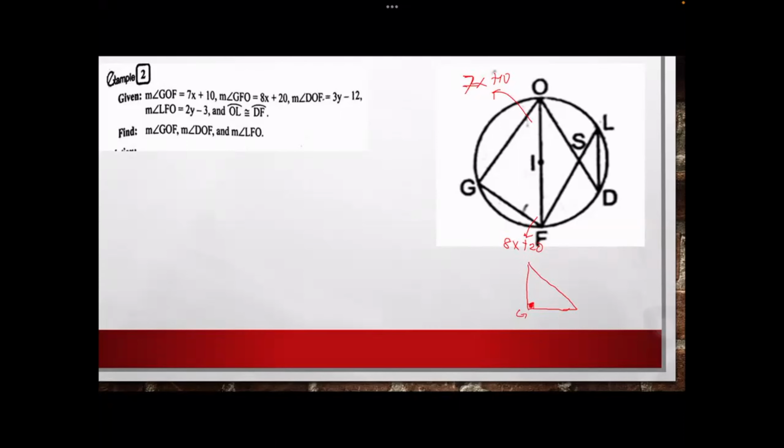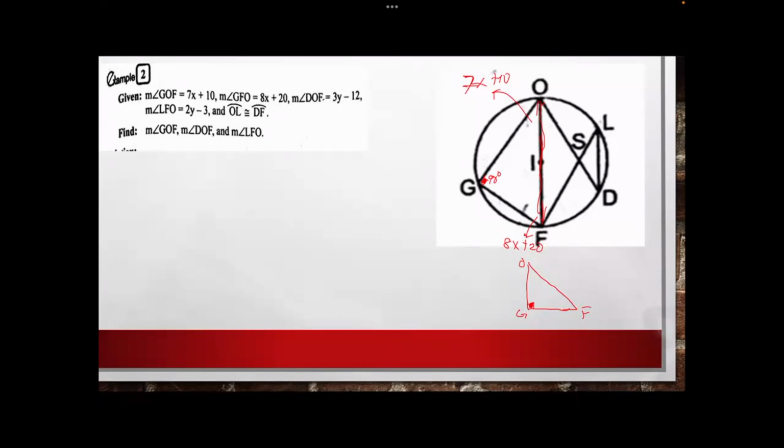Then this is the letter O, and this is the letter F. Let us look at our triangle. Now, this part, starting from here to here, this is a diameter. So, therefore, this part here will be 90 degrees, because that is a semicircle, a diameter, a semicircle.